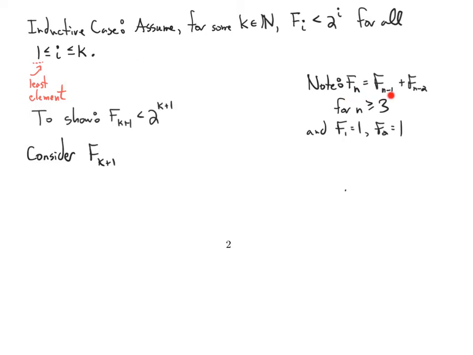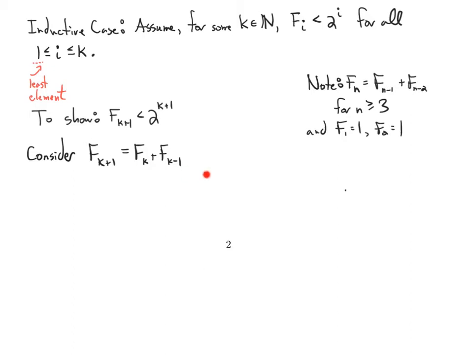But luckily, we have this definition of how to build a term from its two previous. So I can use the definition of the Fibonacci numbers to say this is f(k) plus f(k-1). The kth term plus the (k-1)th term gives me the (k+1)th term in the Fibonacci sequence.